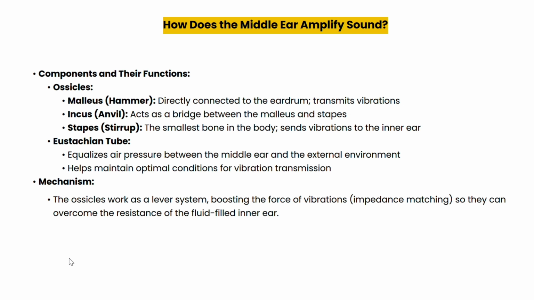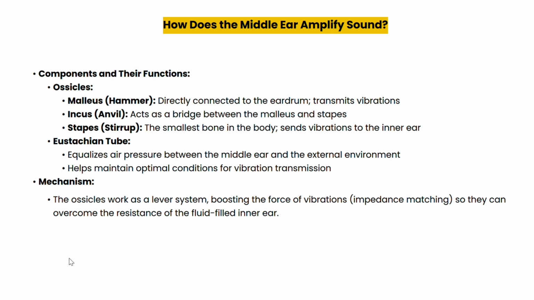After the eardrum vibrates, the sound wave moves into the middle ear, where the real amplification begins. Here, three tiny bones called the ossicles, the malleus, incus, and stapes, work together like an intricate lever system.